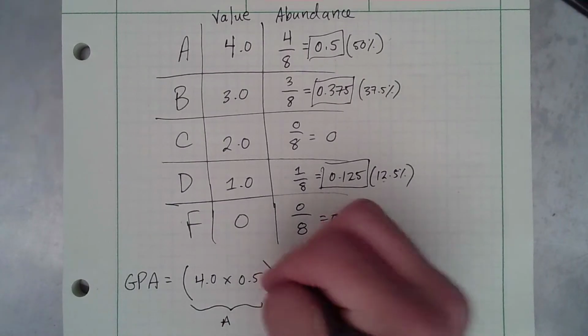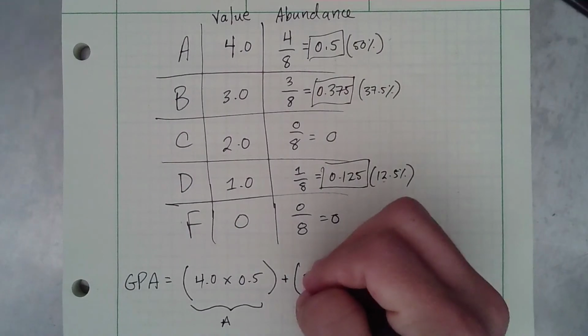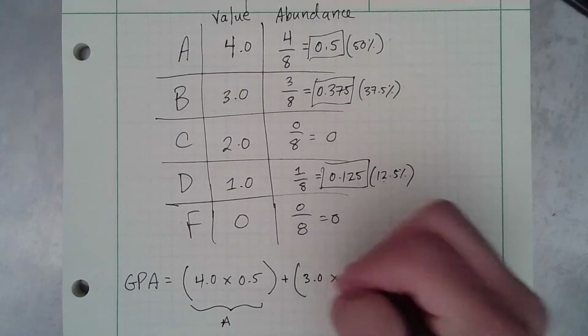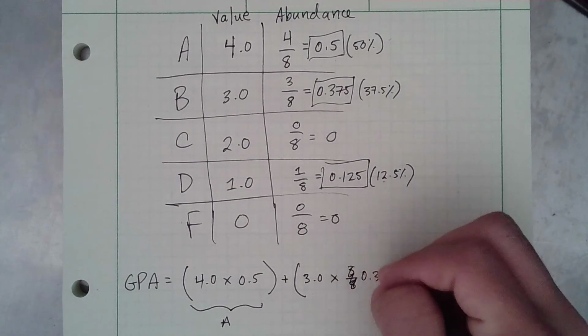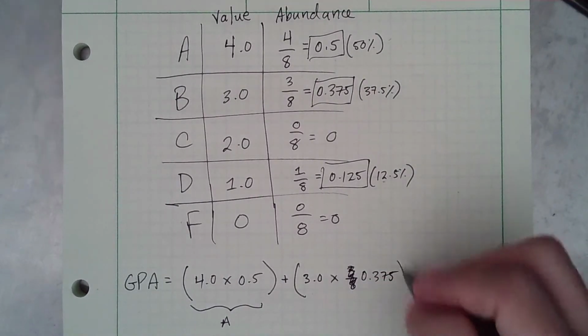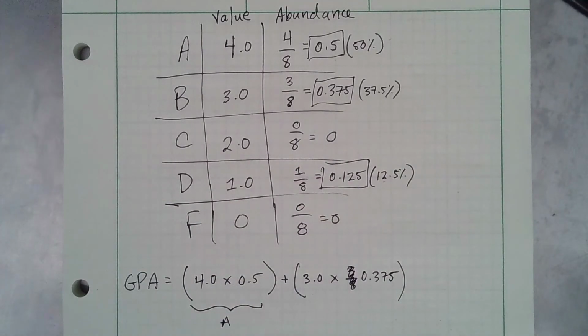All you have to do is add this together for each type of grade. For B's, we have 3.0 times 3 over 8, or times 0.375. You can actually put it in as the fraction if you want to, but the decimal will also work, because these are technically equal to each other.